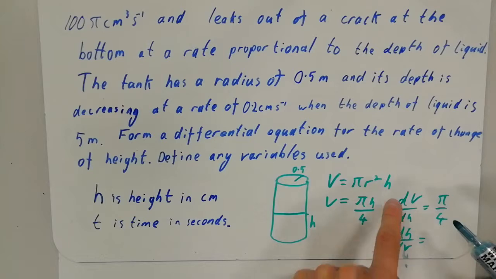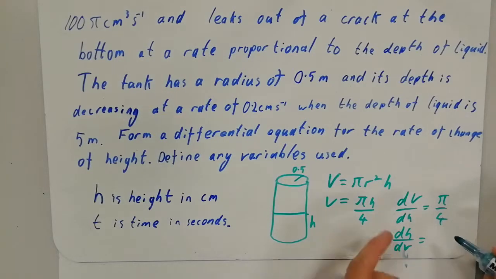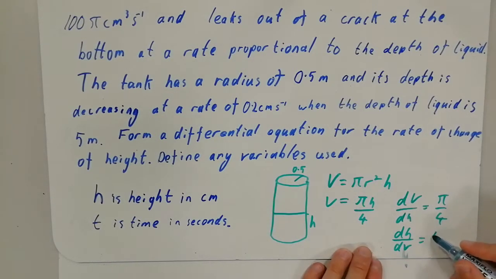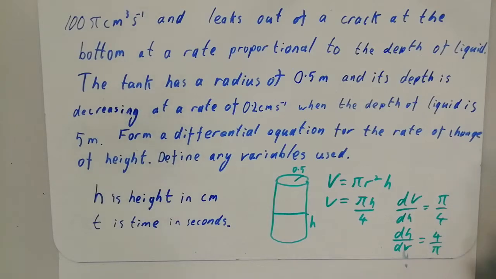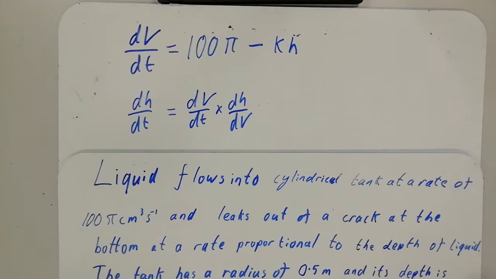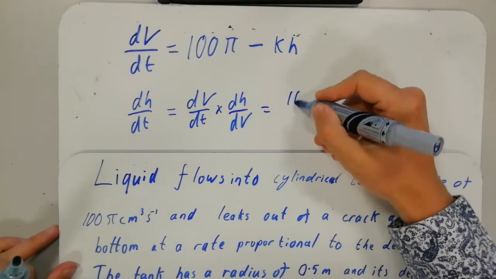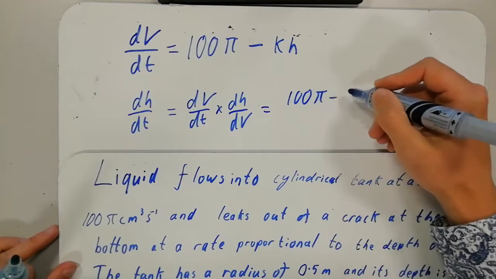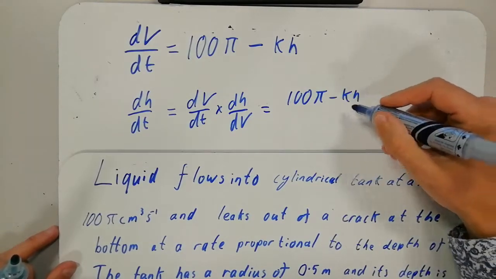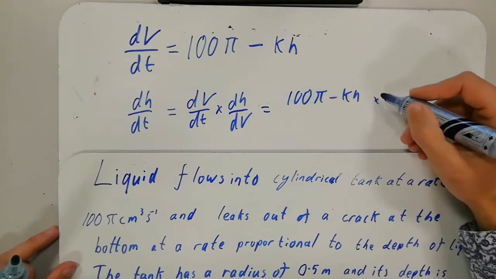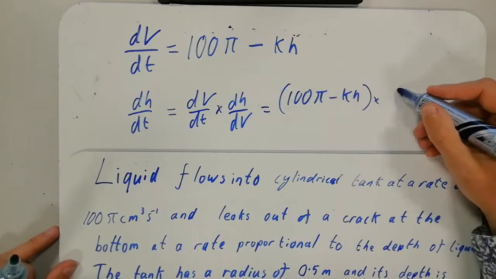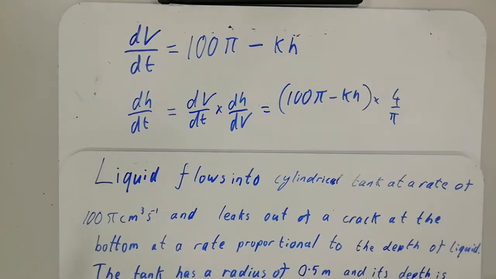Like we said, you can effectively think of this as a fraction. Cool. So now we know dh/dV, we can put everything we know in here. 100 pi minus kh multiplied by 4 over pi. Okay?